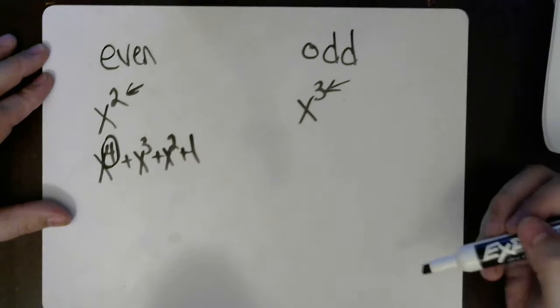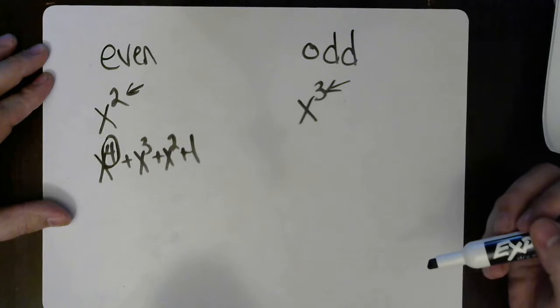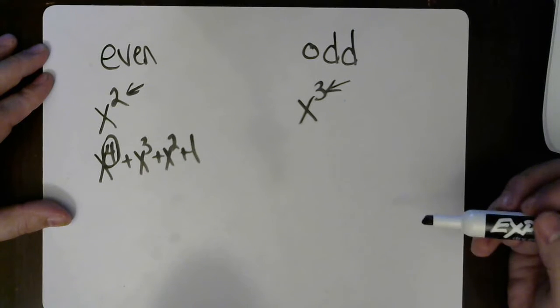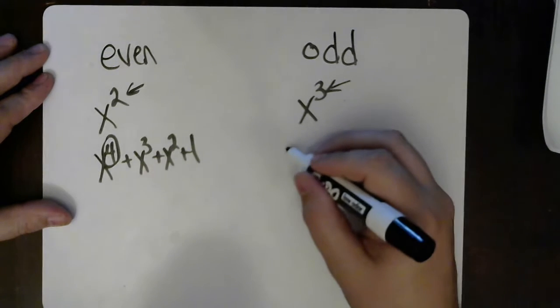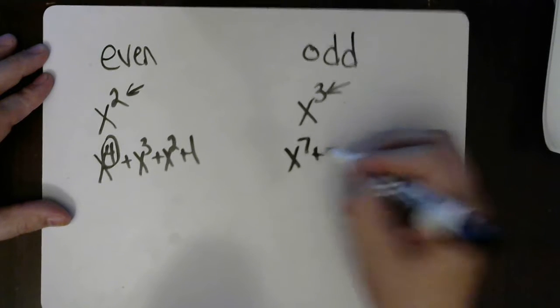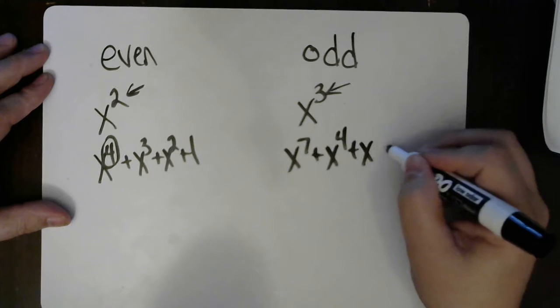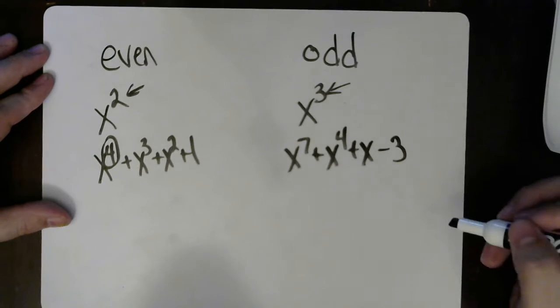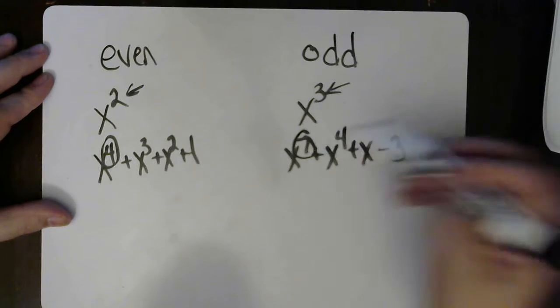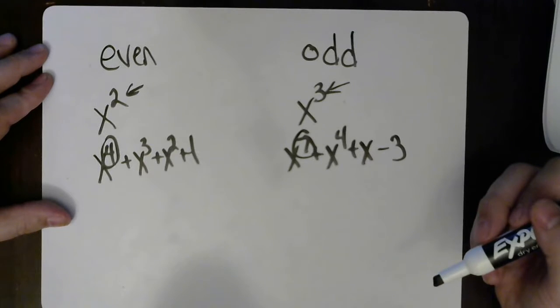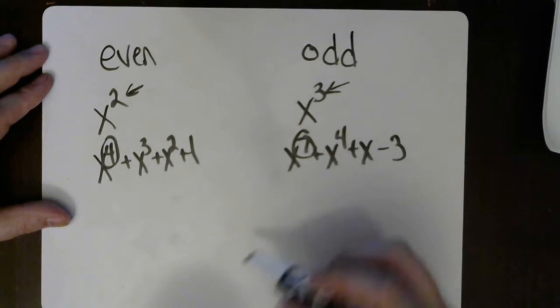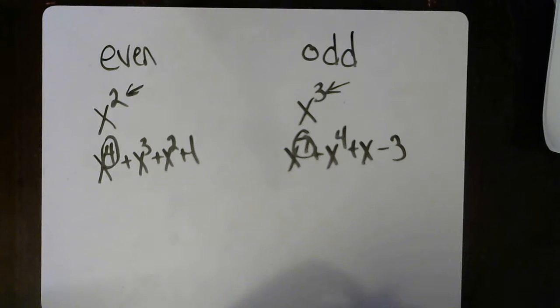My leading exponent, my highest exponent, is 4, so that makes it even. Then in this case, we're going to go x to the 7th plus x to the 4th plus x, and we'll just do a minus 3. In this case, we have a 7, so that is an odd polynomial. So it's very key to make sure that we fully understand what is even and odd.